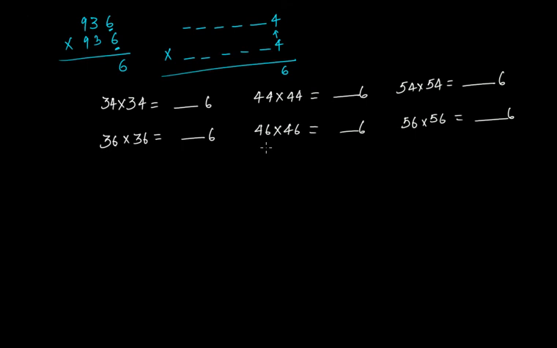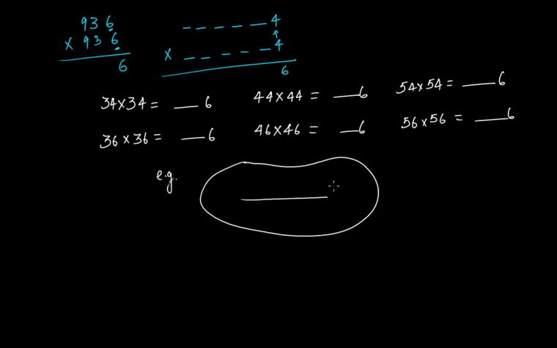Now suppose you are given a number that is a perfect square and ends with 6. Let's take an example, an objective type question.